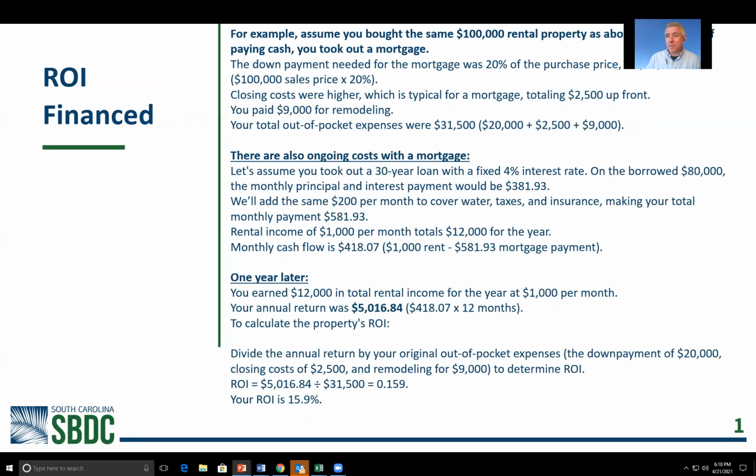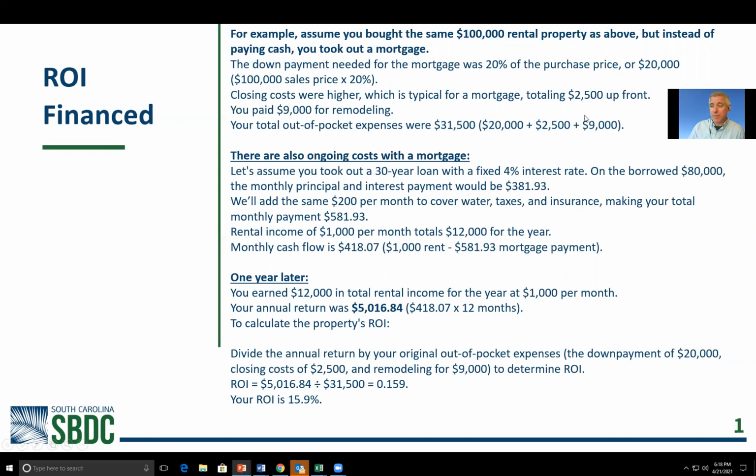So in this finance project, same $100,000 project, but you're getting a mortgage on it and you're getting a loan. And so the bank says, well, you need to put 20% equity in and we'll give you $80,000 or 80% of the project. So you put down $20,000. Closing costs were a little bit higher because you had to pay the mortgage fees and all kinds of other stuff.